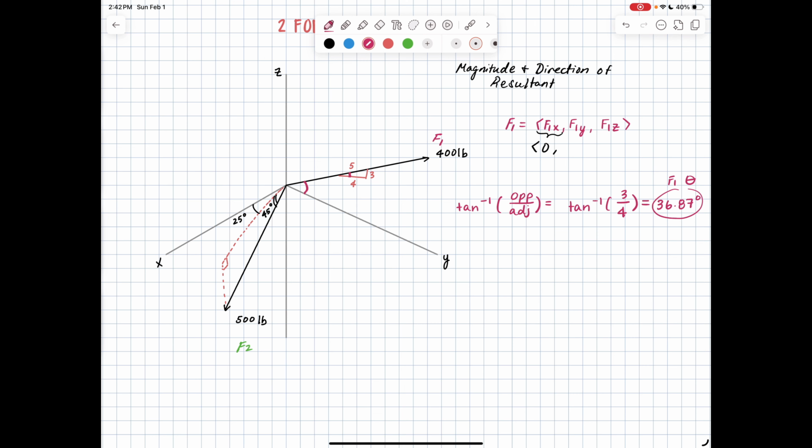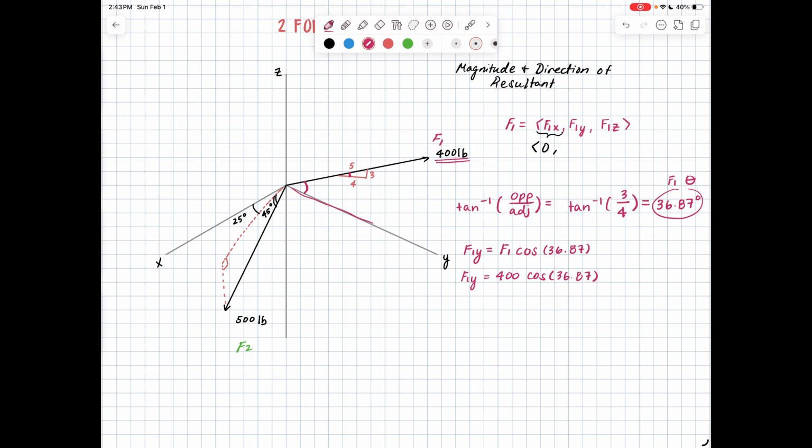So from there, I can get my F1y, which is equal to the magnitude of F1 times, because y this time is the adjacent side, I'm going to have to use a cosine function. So cosine of 36.87. F1 again equals 400. So F1y equals 400 times cosine of 36.87.